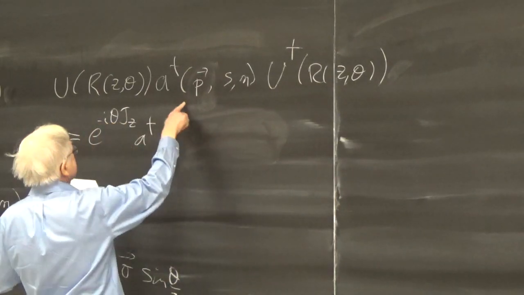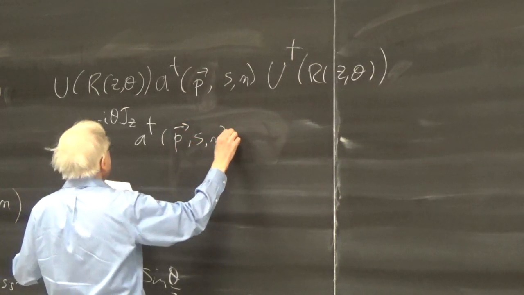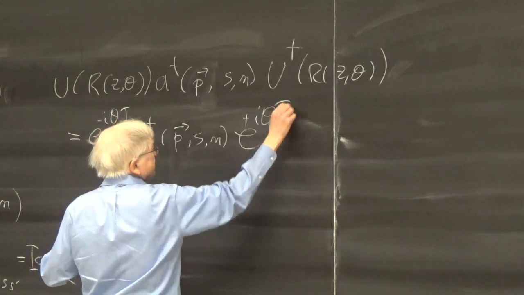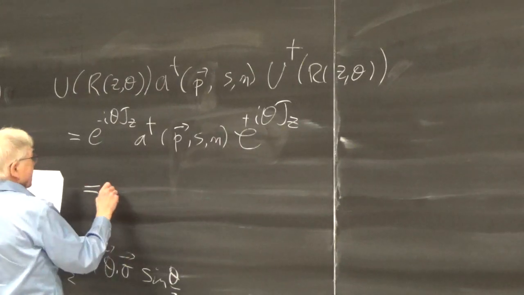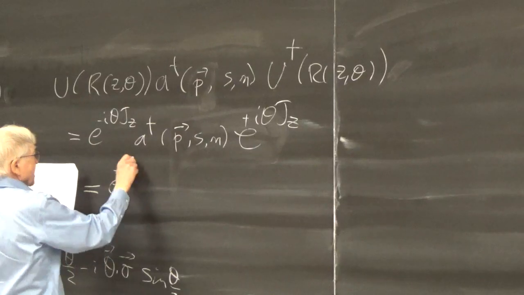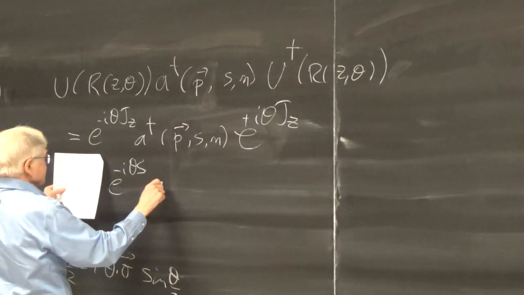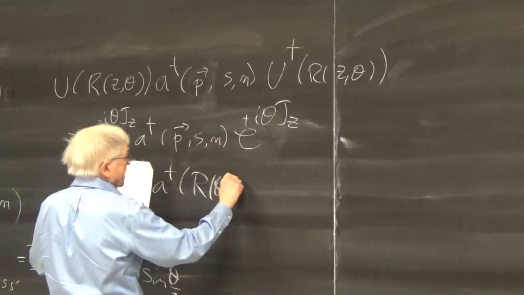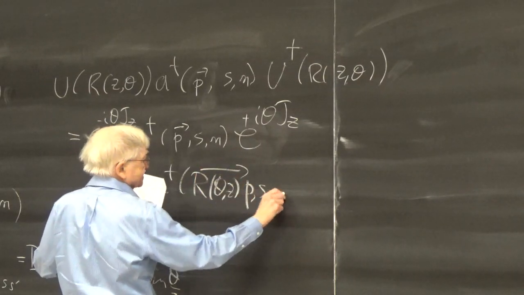So if we're just copying this down, this is just p S_n, and this is e to the i theta J_z. And so this is then e to the minus i theta s times a dagger of R of theta z acting on p S_n.